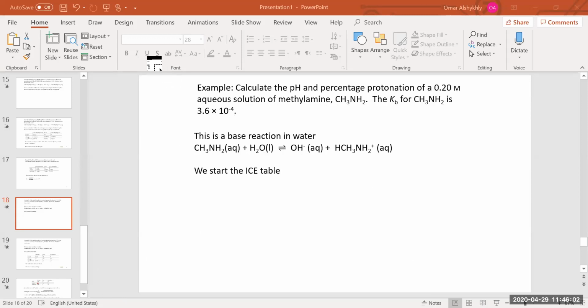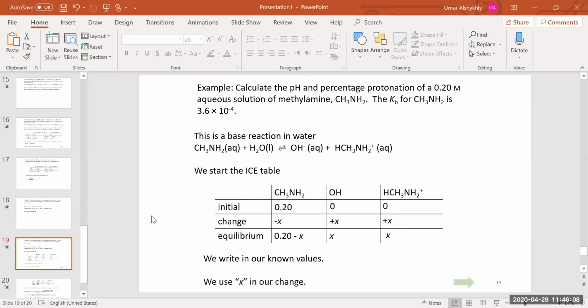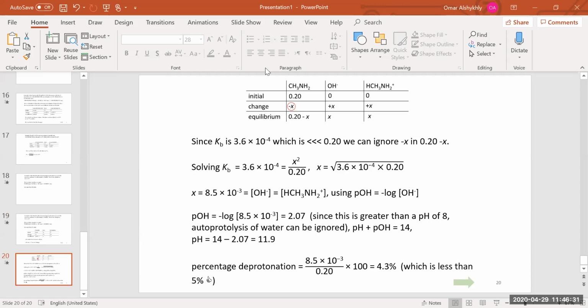Okay, so let's look here. So here what we have is the ice table. Now we will substitute it in this equation, and we will do our approximation.